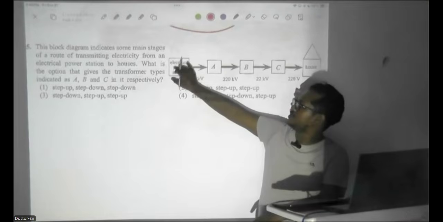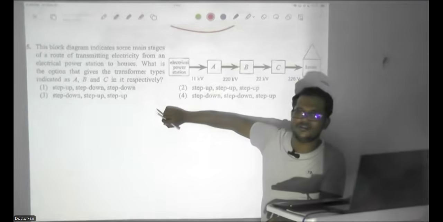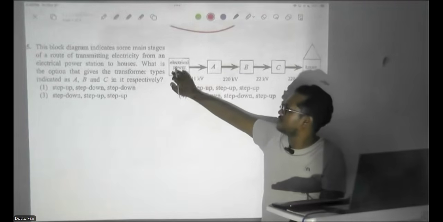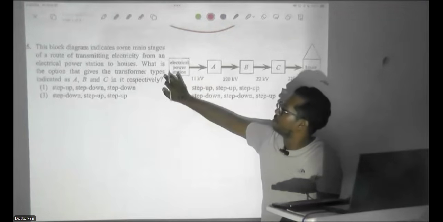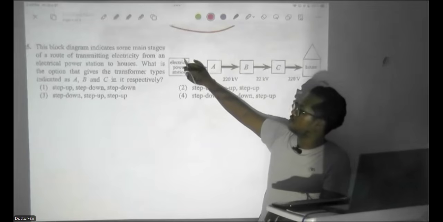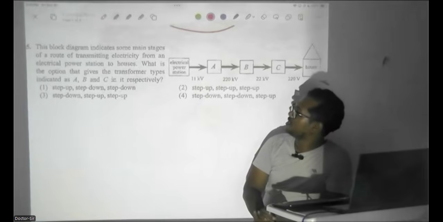The power stations are at Kotmale, Victoria, Randenigala, Norochcholai. Those power stations produce the power, then it is transmitted to our houses or our industries.